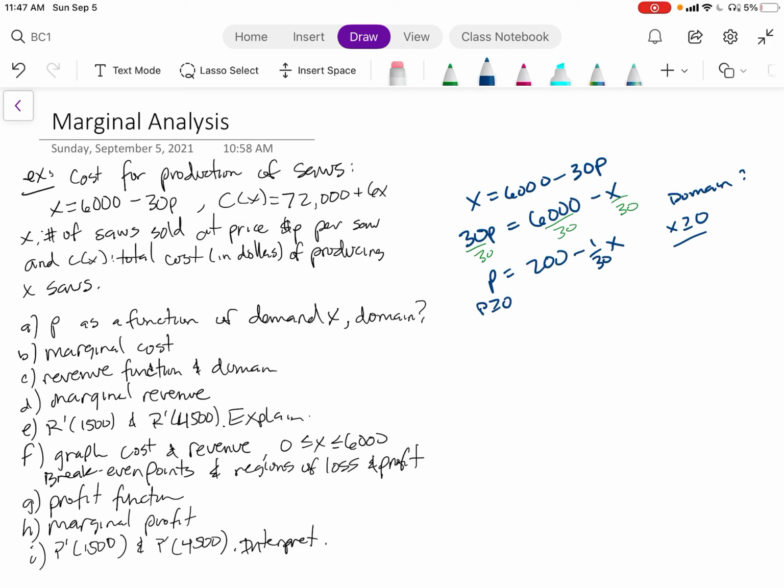So x is greater than 0, but also p has to be greater or equal to 0. So what I'm going to do is just set this price function equal to 0 and solve for x. So we could do 1 over 30 x equals 200, right? Just move this to the other side, multiply by 30.